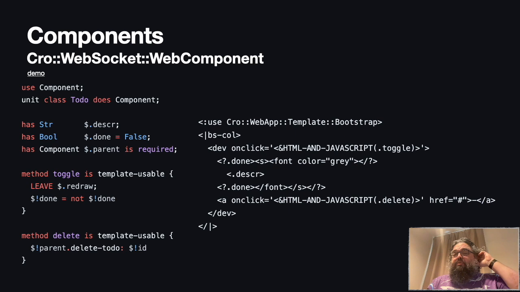And I even opened an issue on the Crow web app repo on GitHub, asking if it would be possible to add something so that, when you return from inside of a template string, there would be some type of specialization for JavaScript.